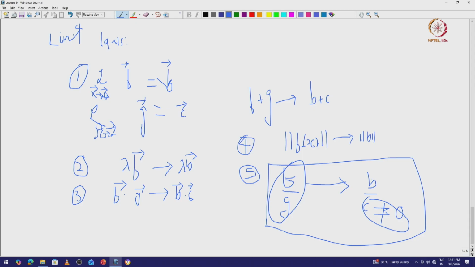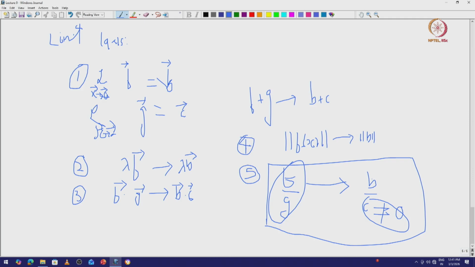In a neighborhood of a intersected with the domain of f and g, g is not 0. Why is that so? Please think about it. So as a consequence, the function f divided by g genuinely makes sense in a neighborhood of a, and that is all that is needed to talk about this limit. So the bottom line is, throwing the disclaimers and the legal objections away, f divided by g does converge to b divided by c provided c is not 0. That is all I am saying.